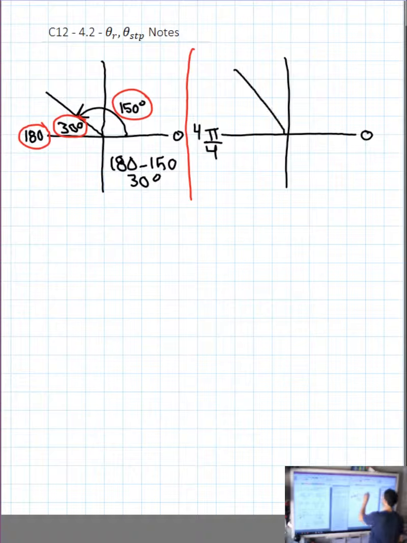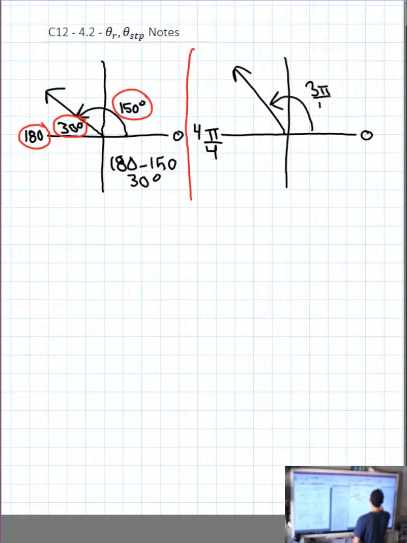Well, it lays right here. I'm going to put an arrow tip. So here is 3 pi over 4. That is a radian measure. Now, how do I get my little angle? Well, remember when we did degrees, we just did this minus this is equal to our angle.